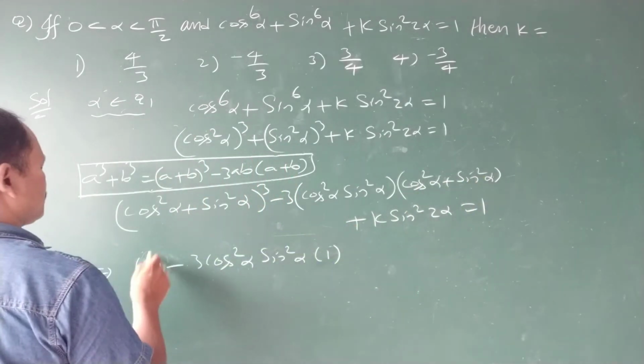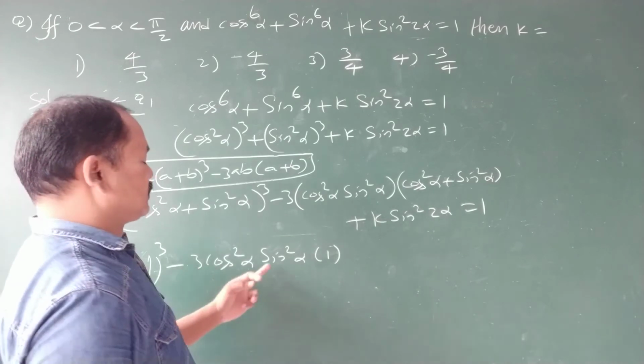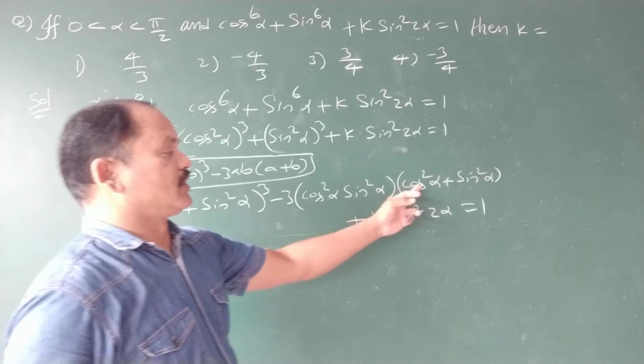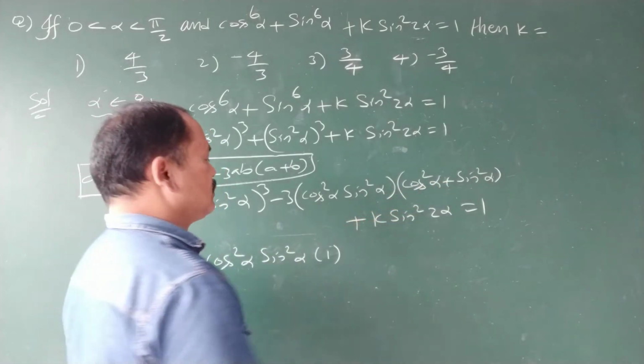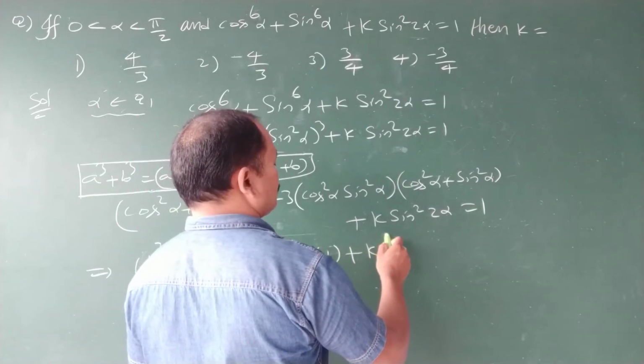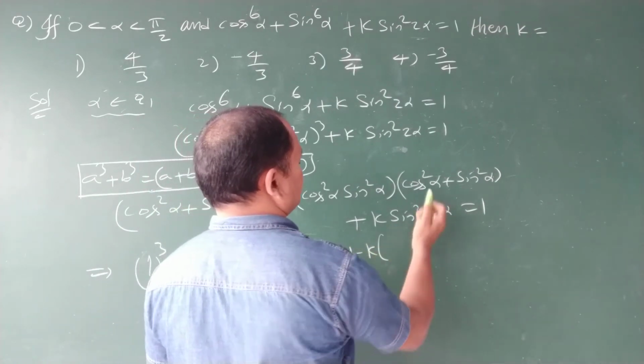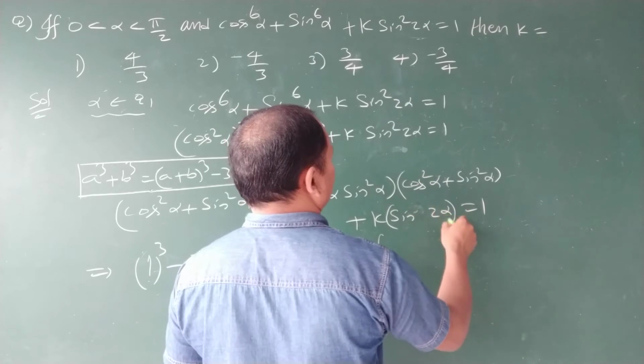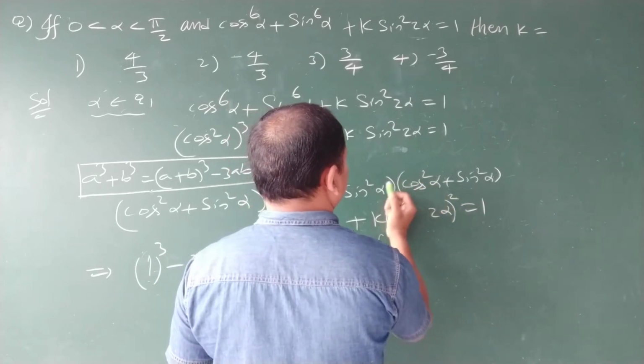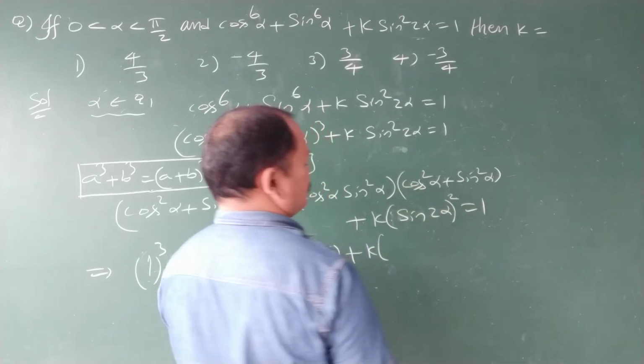So it is 1 cube minus 3 cos square alpha sin square alpha into 1, plus k times sin 2 alpha whole square.